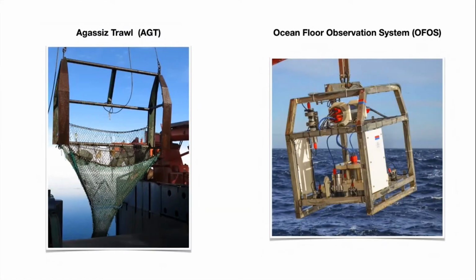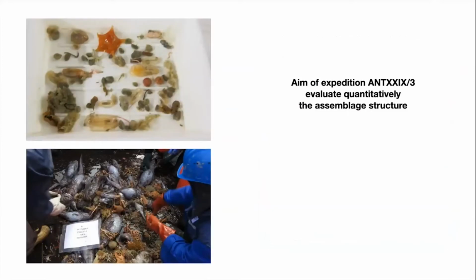In this study, the two sampling methods we compared are the Agassiz trawl and the Ocean Floor Observation System, also known as OFOS, and both methods are used to sample the megafauna.